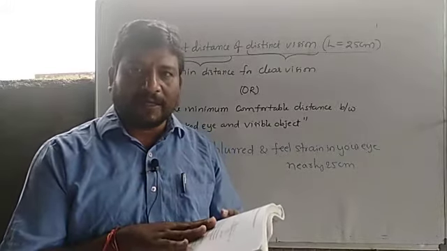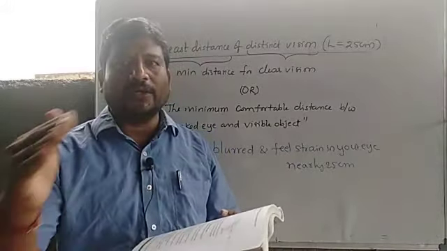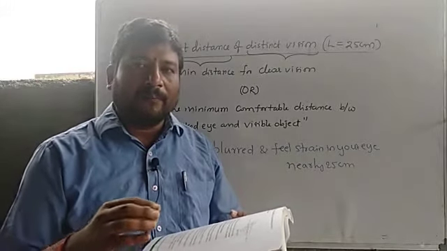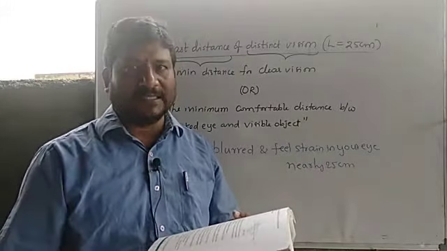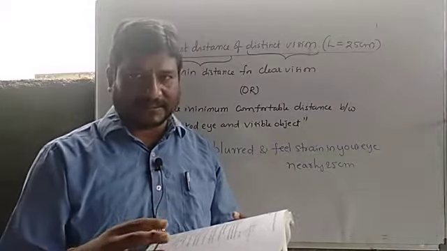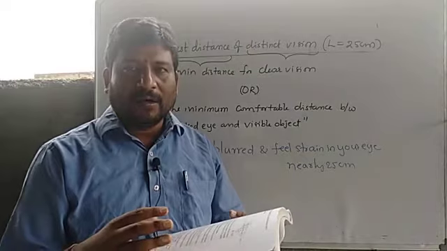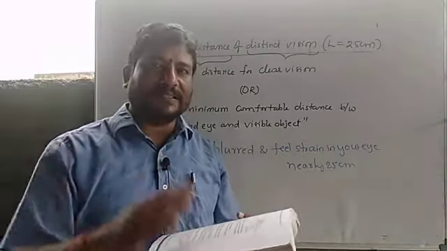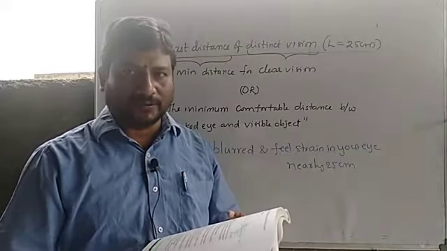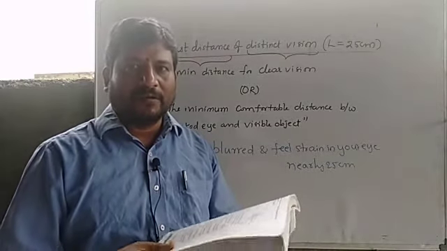Repeat this activity with other friends in your classroom and find all the distances and find the average of all those distances. So you will get different values for different friends.